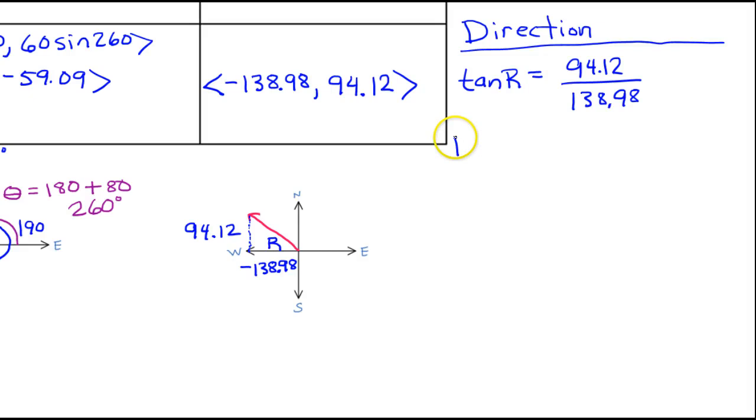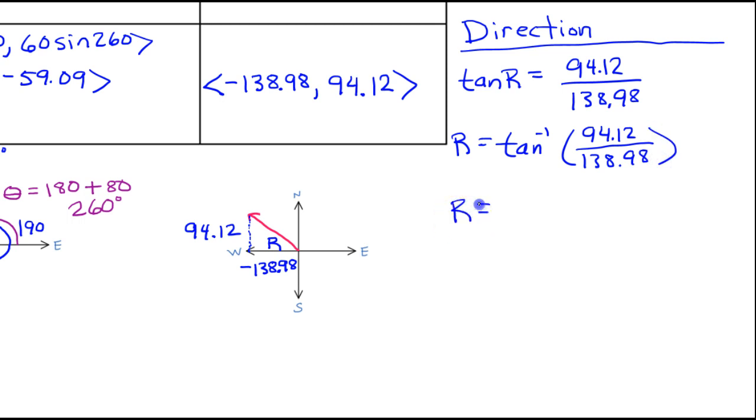So the measure of angle R will equal the inverse tangent of 94.12 over 138.98. This looks like a job for the calculator. So I am getting 34.11 degrees. Now, what I need is the angle measured from the positive x-axis, though, because those are the types of angles that we record on the chart.